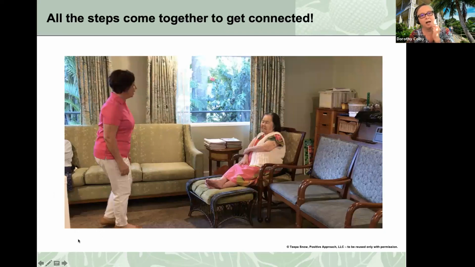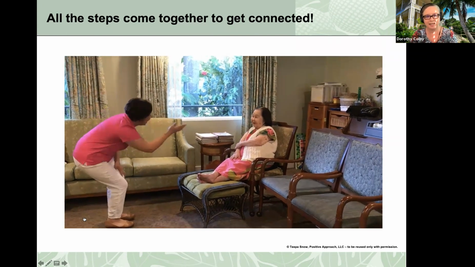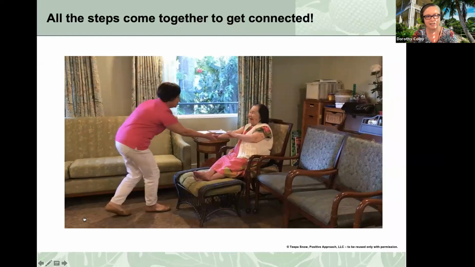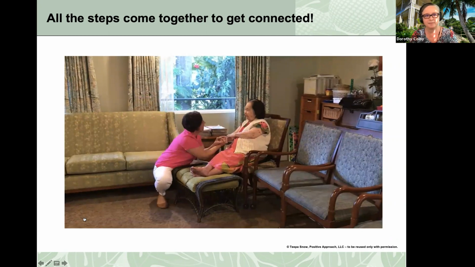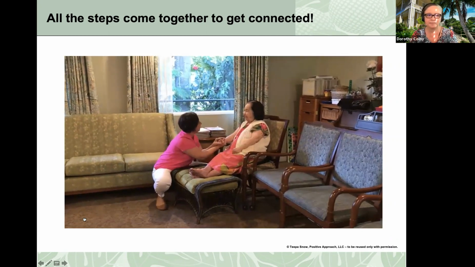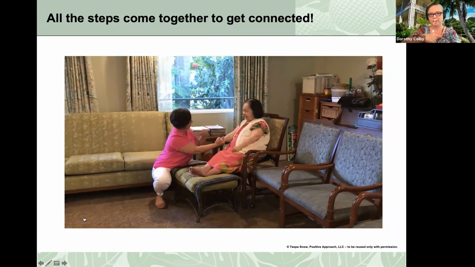Okay, this is me. You can tell these are pre-pandemic videos because we're not wearing masks, but the steps are the same. You can see this lady is kind of snoozing, and I want to get connected with her, and she's sitting down. So now I'm noticing something about her.